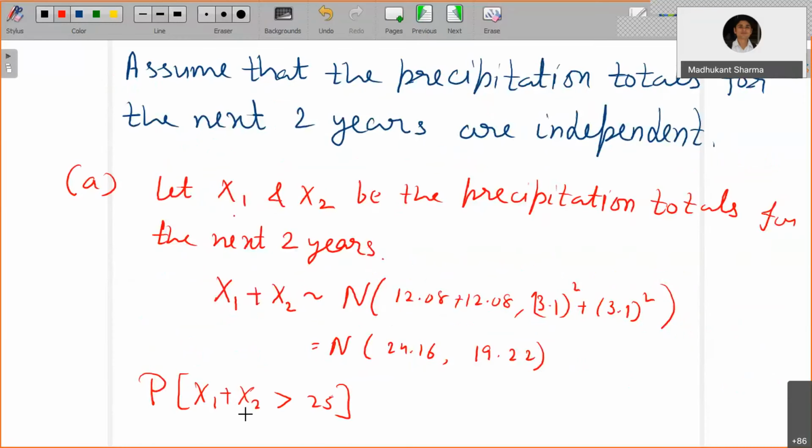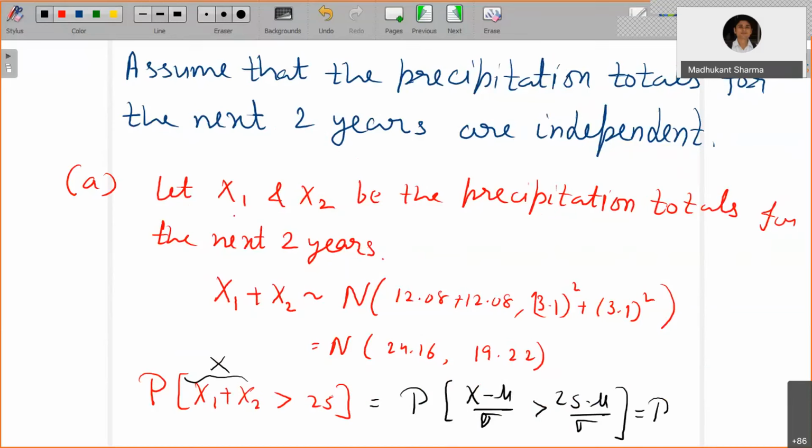As we have done previously, we are going to convert it into standard form. If you denote this by x, I am going to make it x minus mu by sigma greater than 25 minus mu by sigma. What is mu? It is 24.16, and sigma is the square root of 19.22.